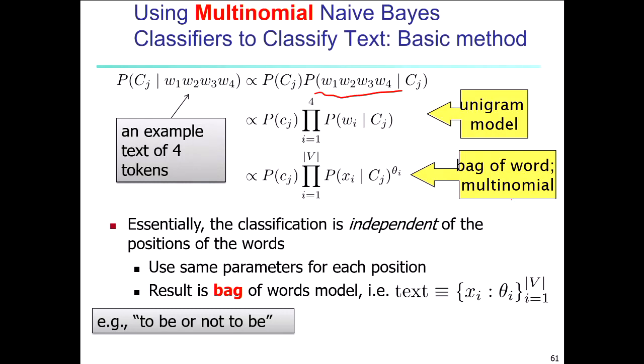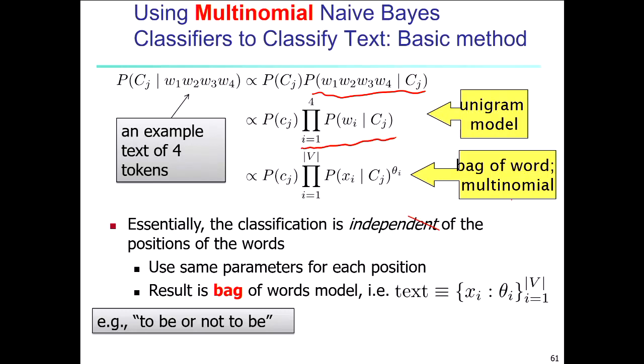And this part equals to this part, because we use the unigram model. Each token here only depends on itself. So it can be written as a probability of Wi given Cj and multiply all the 4 i's here.